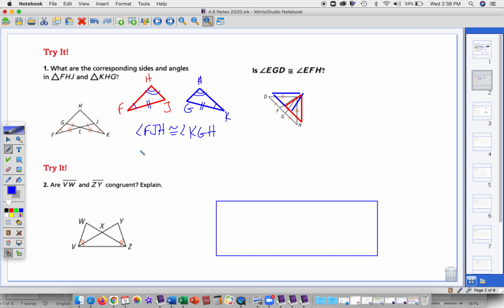We'd have angle H congruent to itself, again angle F congruent to angle K, and then I could start listing out sides. FH congruent to KH. FJ congruent to KG.